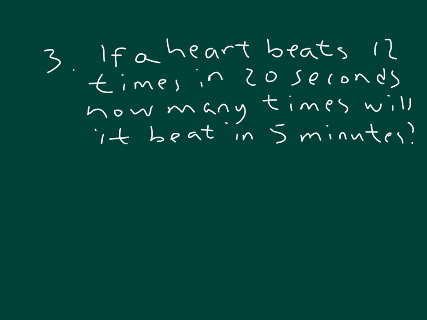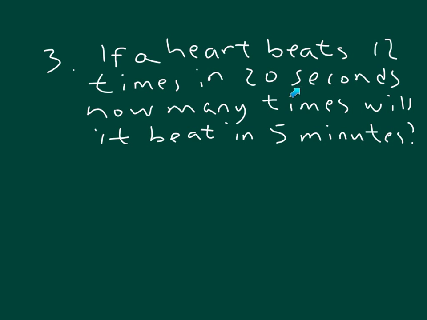Problem 3, if a heart beats 12 times in 20 seconds, how many times will it beat in 5 minutes? So we kind of want to say 12 to 20 equals something over 5, but the tricky thing is, 20 seconds is a unit of time and 5 minutes is a unit of time, but they're not the same unit, so we have to convert them to be the same unit.